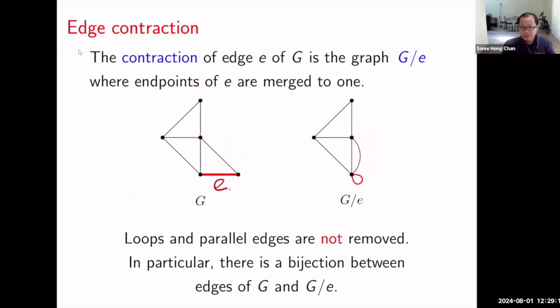Usually people say that we remove the loops and the parallel edges, but for today, for technical reasons, the loops and parallel edges are not removed. This is so that there is a natural bijection between the edges of G and the edges of G over E, which will be important in the definition of the atlas.